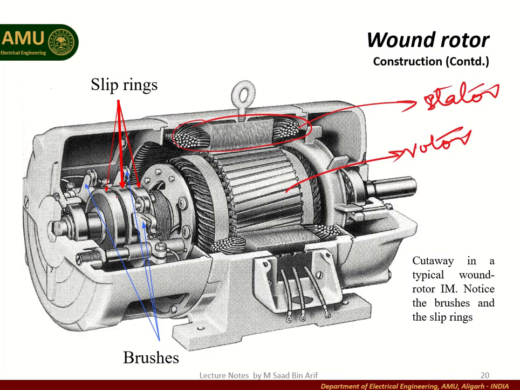We have the slip ring type of arrangement over here, and these are the brushes attached to the slip ring, so that they will provide terminals in order to connect the external resistance. This is the stator coil input supply terminal.